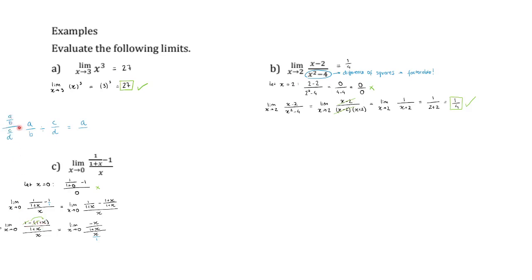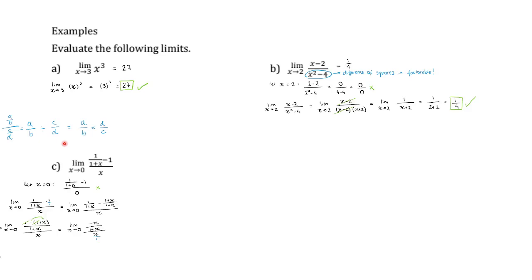Having a over b over c over d is the same as having a over b divided by c over d, which I compute by keeping the first fraction, and then the division becomes a multiplication, and then I flip the second fraction, right? So this is what is known as keep, switch, flip. And that's exactly what we are going to do here with the expression that we have.